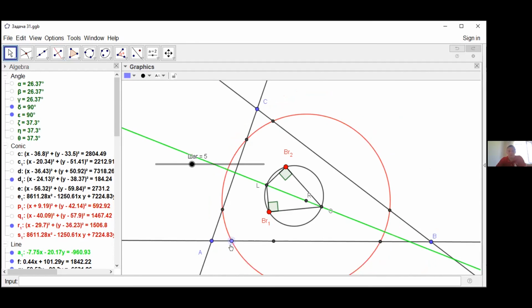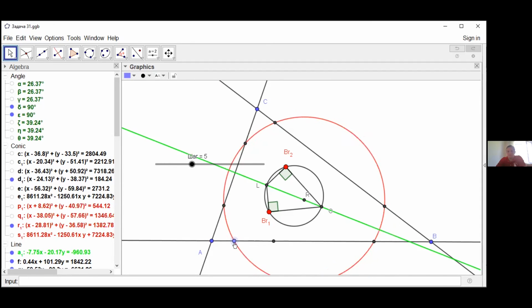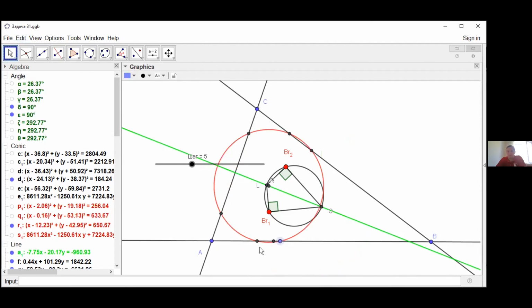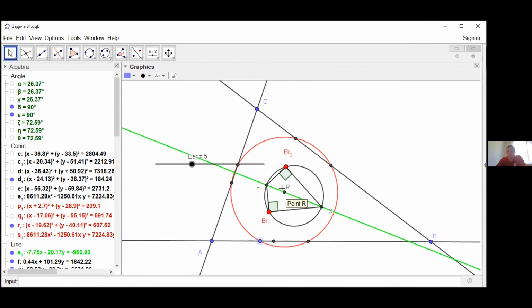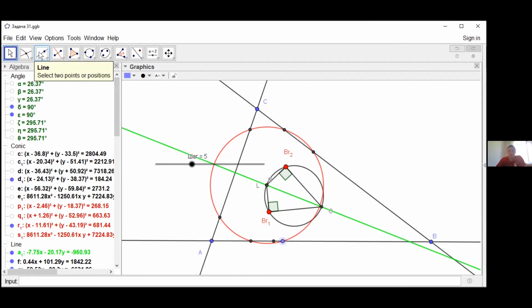And one more interesting circle of this family is a circle with center L. So if we move our points so that the center R of this circle coincides with L, then we obtain another interesting circle.